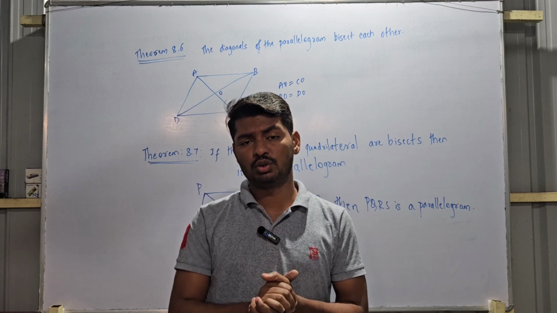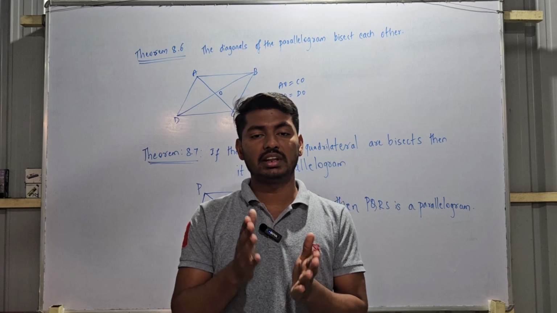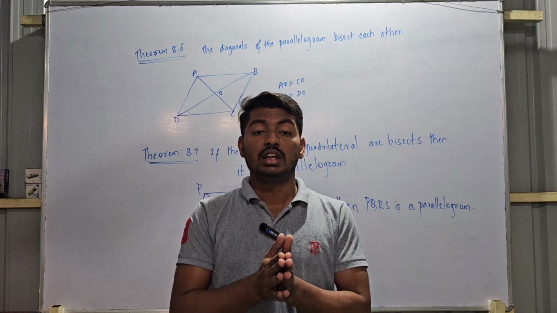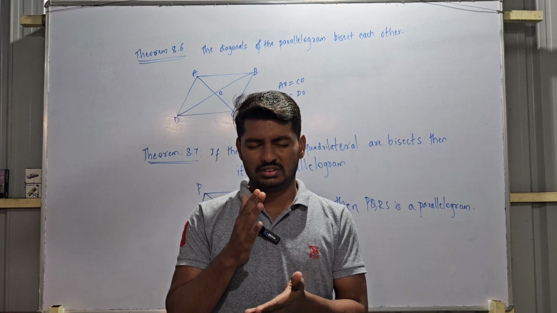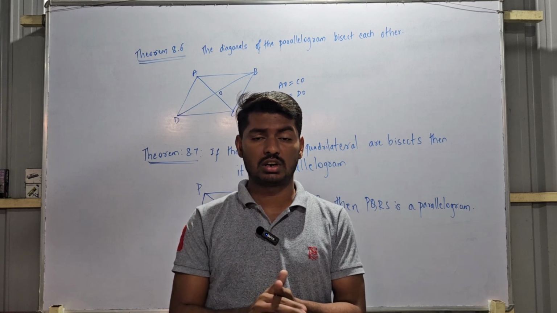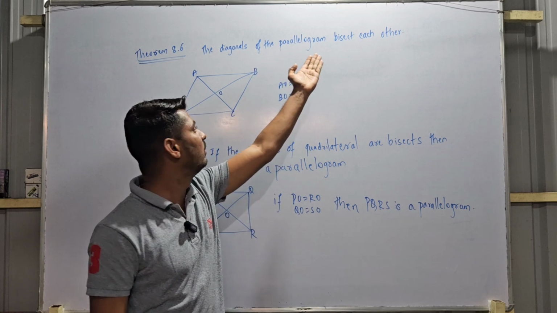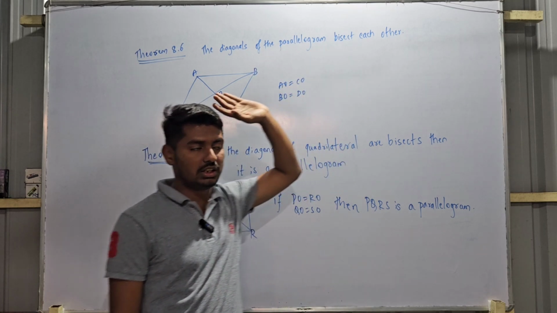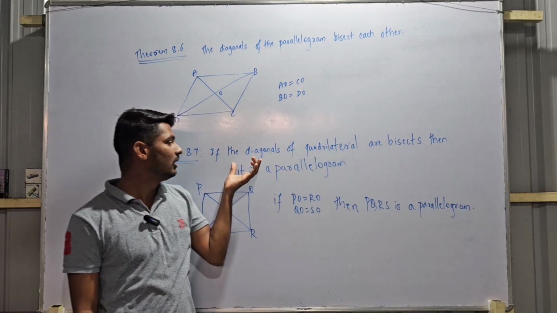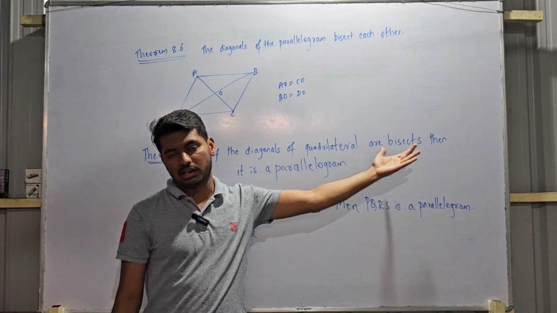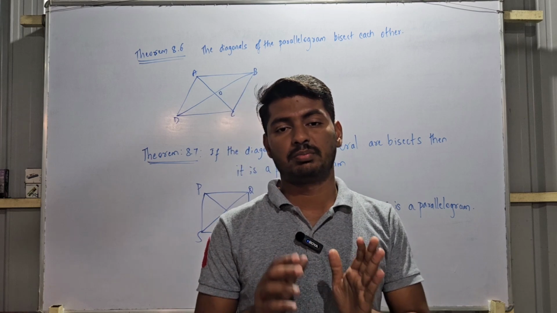Similarly, 8.4 states that in a parallelogram the opposite angles are equal. Theorem 8.5 states that if the opposite angles of a quadrilateral are equal, then it is a parallelogram. And now 8.6 states that the diagonals of a parallelogram bisect each other. The converse of this statement, 8.7, is that if the diagonals of a quadrilateral bisect each other, then the quadrilateral is called a parallelogram.